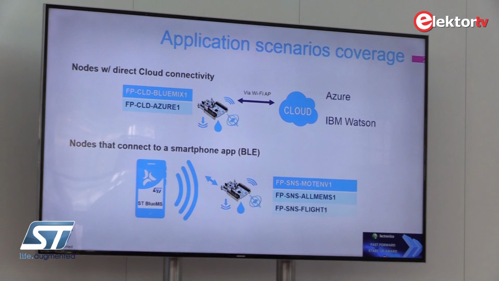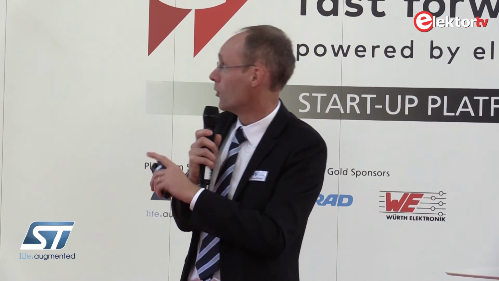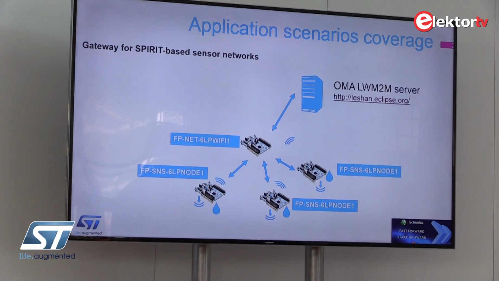For example, connect your application to the cloud, and how to make it, thanks to Azure or IBM Watson. This is provided in full source code on st.com, thanks to the functional packages which are referenced there. You want to do a full network covering 6LoWPAN, we do provide this functional package in full source code as well on st.com.